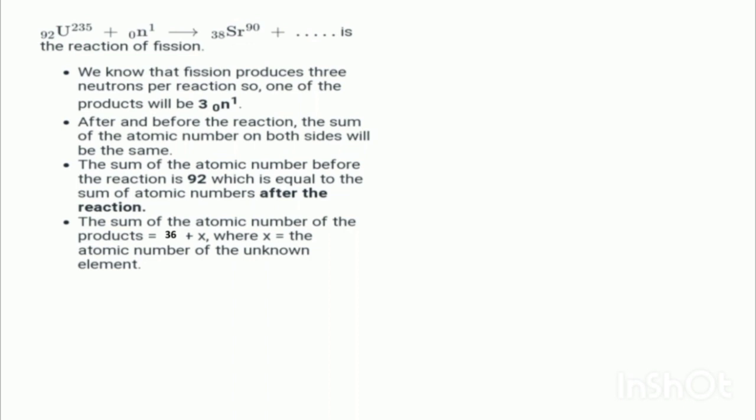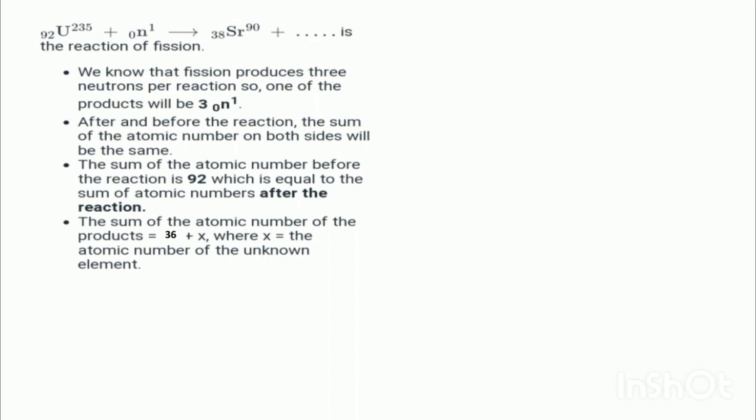Before and after the reaction, the sum of the atomic numbers on both sides will be the same. The sum of the atomic numbers before the reaction is 92, which is equal to the sum of the atomic numbers after the reaction. The sum of the atomic numbers of the products is equal to 36 plus X, where X is the atomic number of the unknown element.